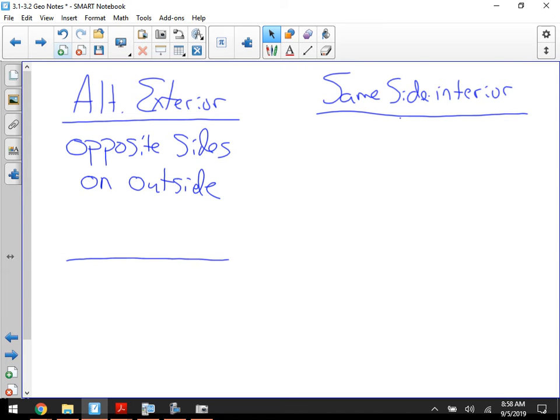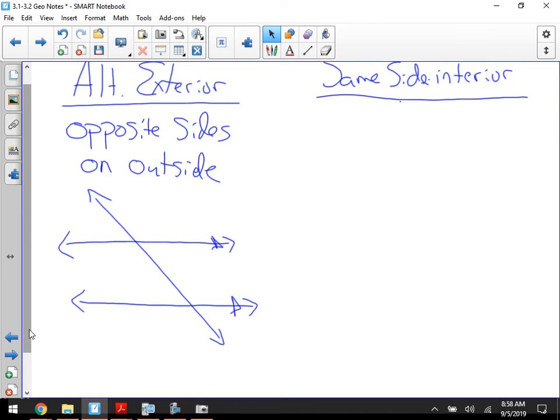Let's go look at the picture. Here are my parallel lines. If I have my generic diagram here, if I pick this angle on the top left, it would have to be the bottom right. Opposite sides on the outside. So here, I'm looking at angle 1. Angle 1's top left.